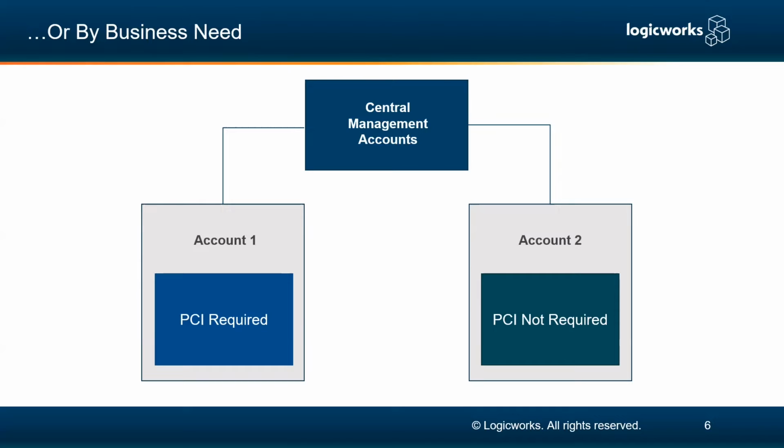Hey, these are my accounts that are requiring PCI compliance. These ones are out of scope. And so the time that it would take to go through that audit is much faster. And that's a huge benefit. If you can eliminate things that are out of scope, the PCI compliance audit scope will be much quicker.